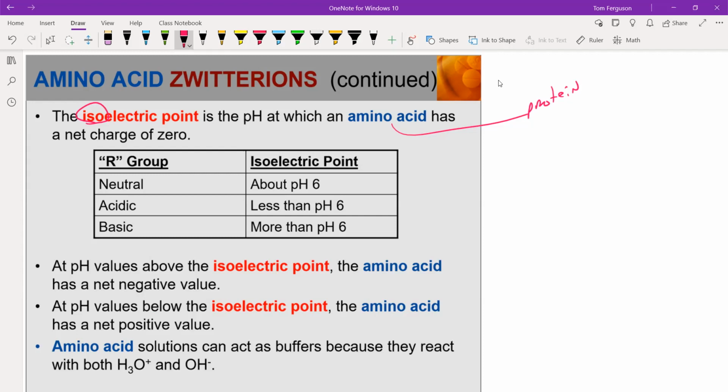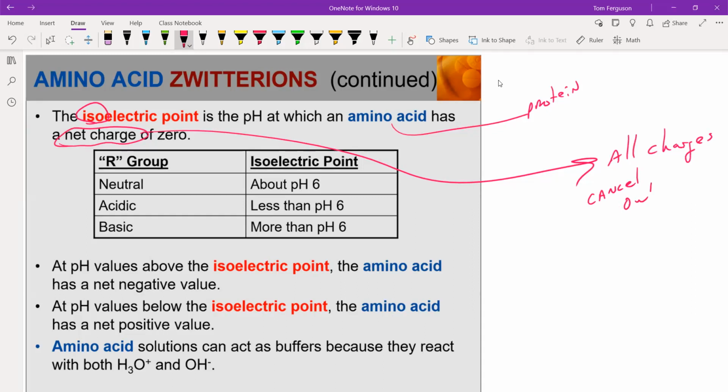Anyway, when the pH is at the isoelectric point, the net charge then is 0.